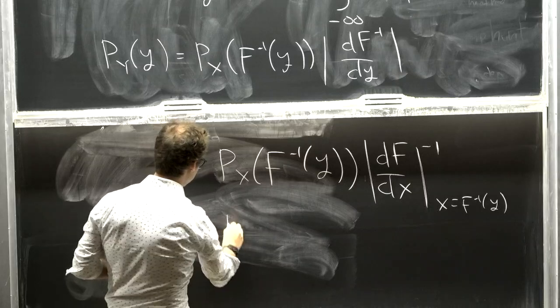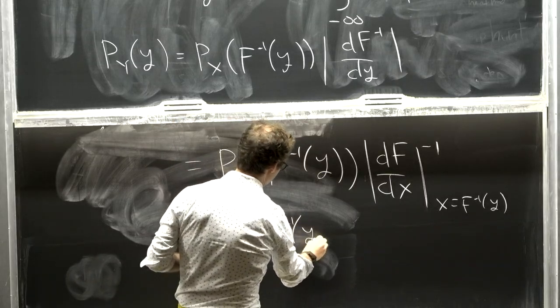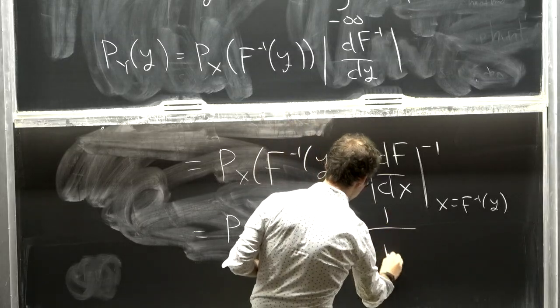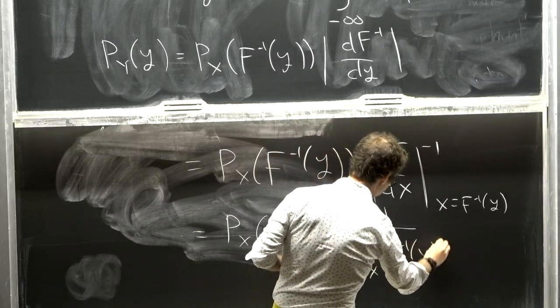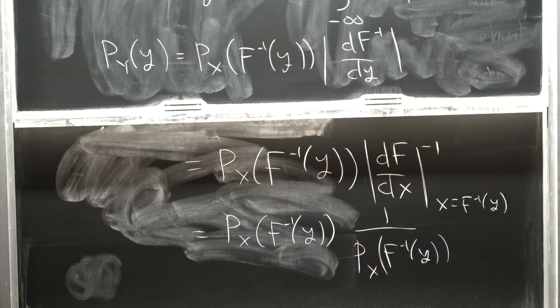So that's just p of x. If you haven't seen this before, the distribution of the cumulative distribution function of a random variable is uniform. So you see this is just one, a constant. And so basically, whatever the distribution of x is, say it's Gaussian or whatever, the distribution of y is uniform.